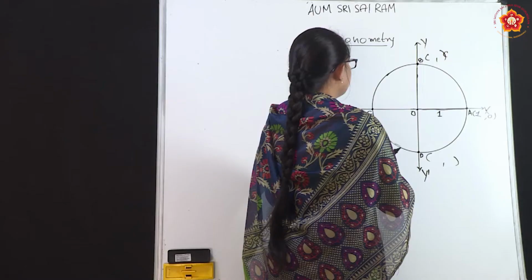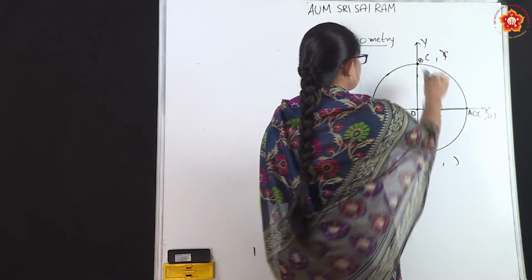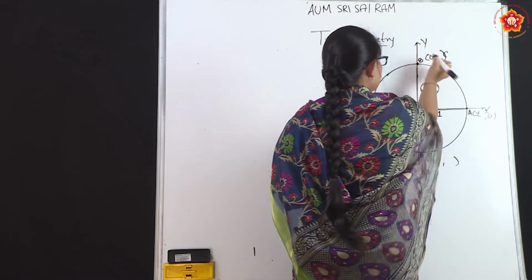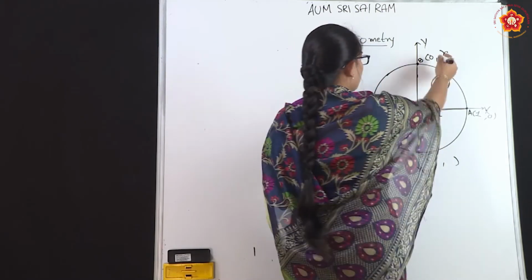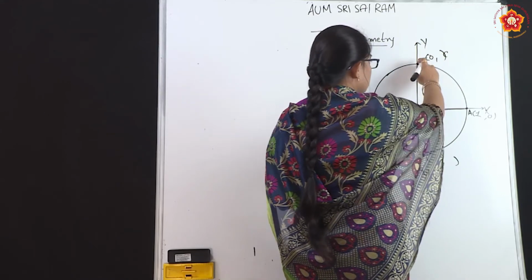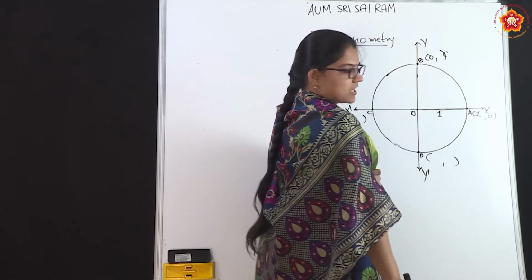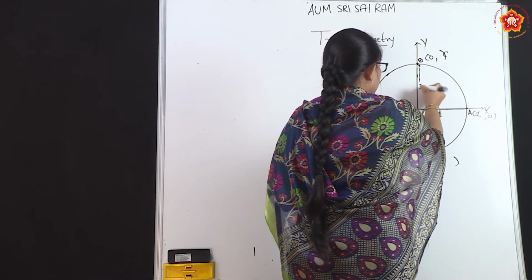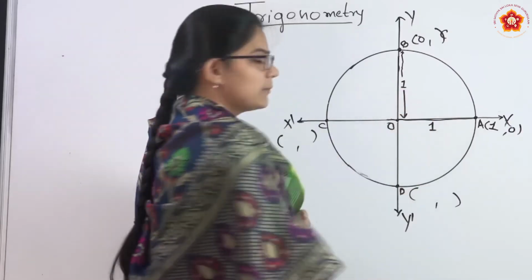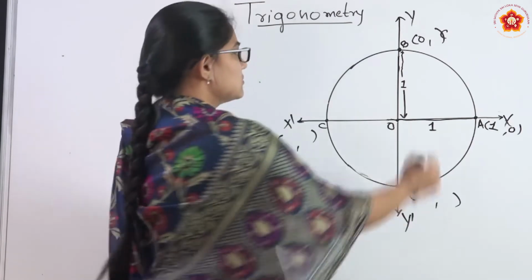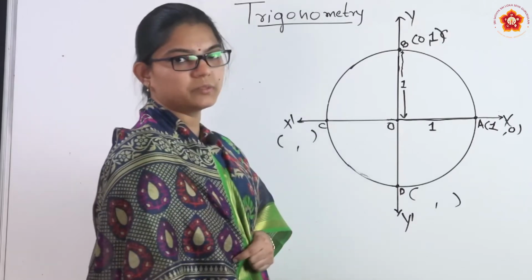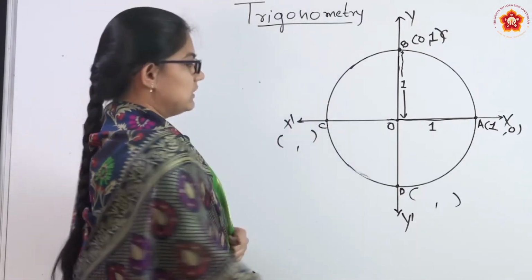Next, what is the point B? You can see B is clearly on the y axis. So, its x coordinate will be 0. The y coordinate is nothing but the distance of a point from the x axis. So, this distance you have to find, and you can see this is also nothing but the radius, right? So, you have (0, 1) as the point B. Now, what is point C?